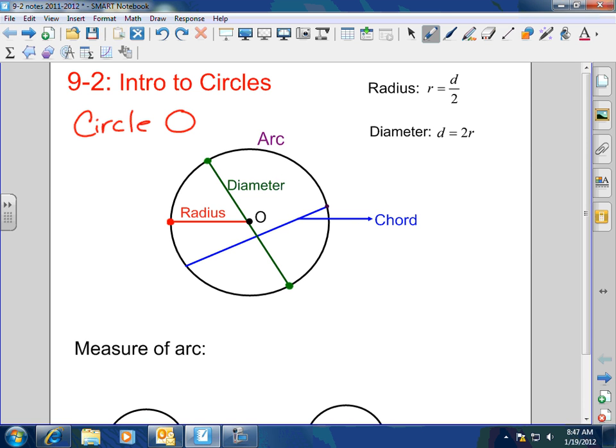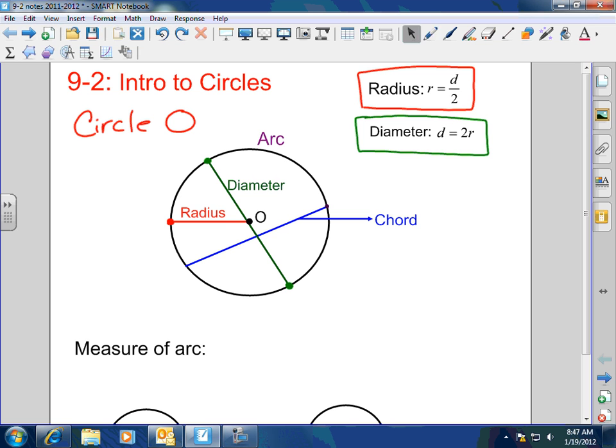If you see here, the radius: R equals diameter divided by 2. Radius equals the diameter divided by 2. And the diameter equals 2 times the radius. So the diameter is basically twice the radius, and the radius is half of the diameter.